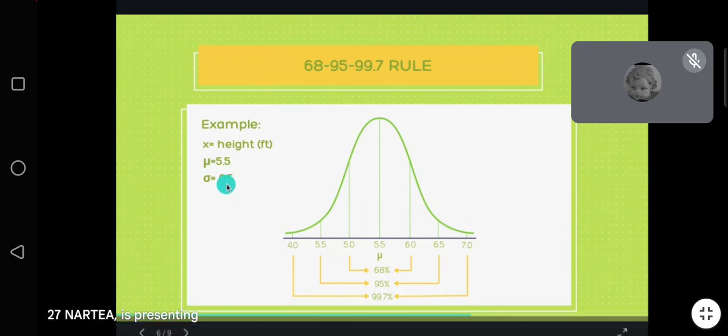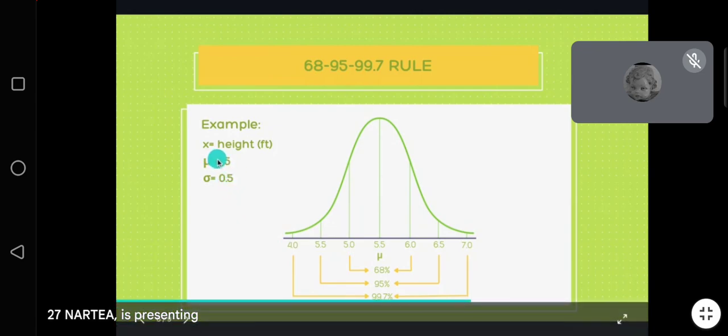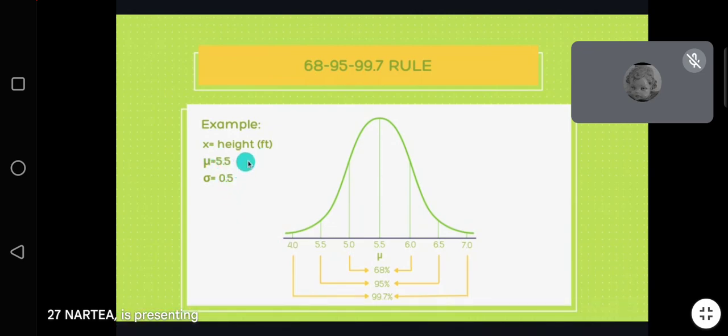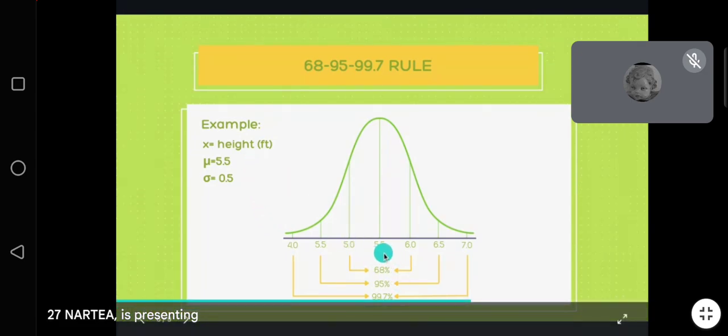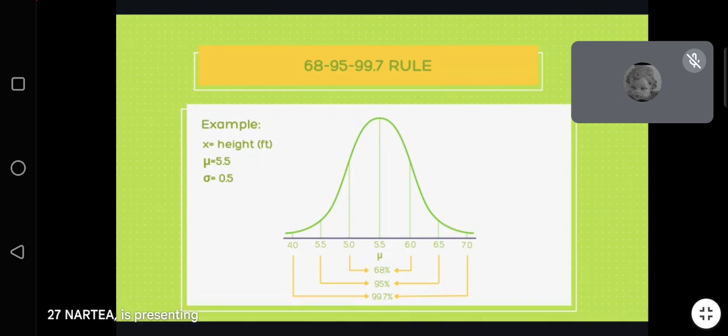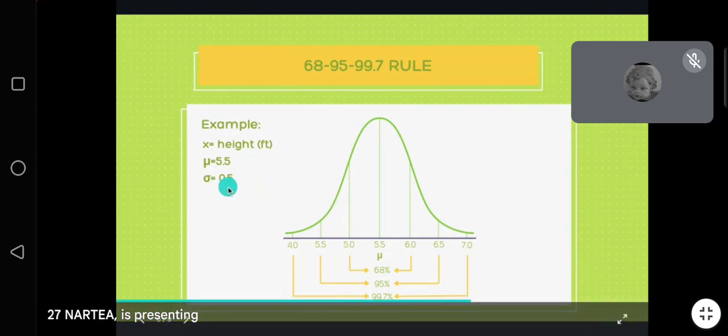You can see this is the height we're going to measure, this is the mean, and this is the standard deviation. If we construct this into a normal curve, the mean is going to be at the center, and the increasing intervals of the normal curve are going to be 0.5, which is the standard deviation.